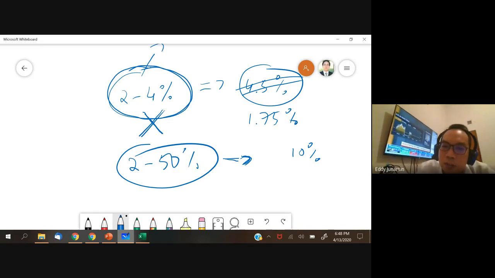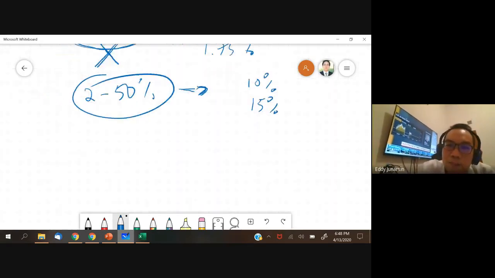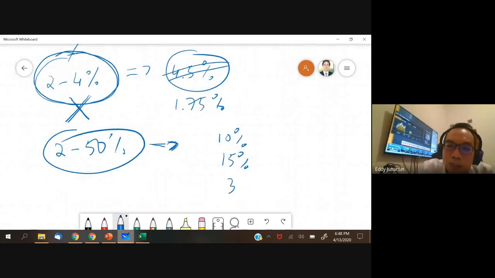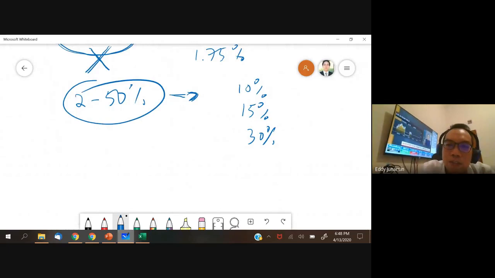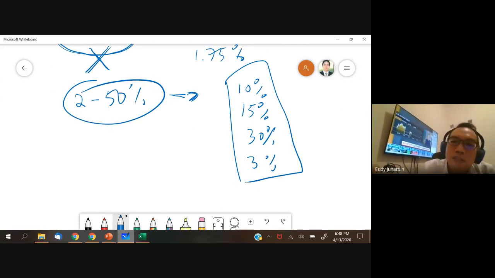If the reality is even 15%, then you are right. Right? If the real economic growth is 30%, you're also right. Right? If the real economic growth at the end of the year is 3%, then you are right. So almost all possible numbers are right based on your statement, right?